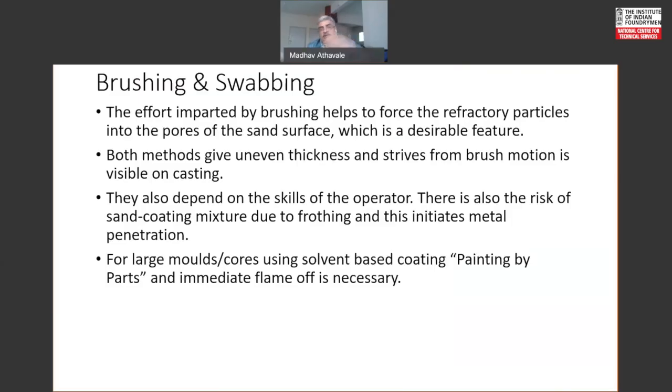If, because there is a big mold and you keep on painting, the alcohol in the first painted portion gets evaporated, then the bonding of the coating to the sand substrate will not be adequate and you may get the coating washed off and associated casting defects. So this technique of painting by parts and then immediately flaming it off is necessary.